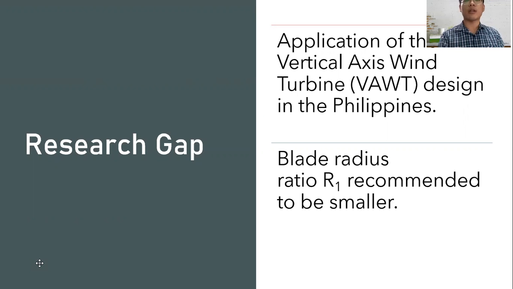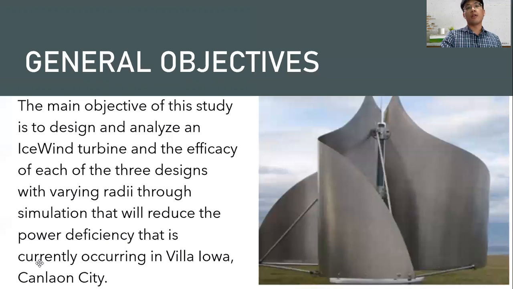According to the previous studies, it is recommended that blade radius ratio R1 should be smaller. For the general objectives of the study, the main objective is to design and analyze an IceWind turbine and the efficacy of each of the three designs with varying radii through simulation that will reduce the power deficiency that is currently occurring in Villa, Canlaon City.